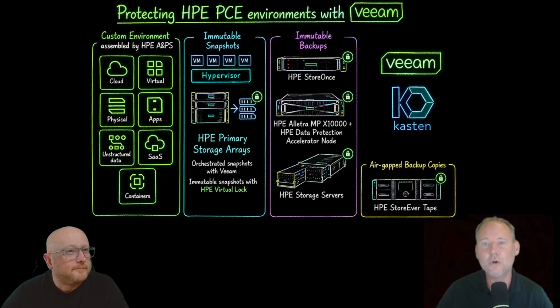That would be a customer going to HPE and asking HPE to assemble a variety of solutions that are all HPE specific, but it really could be any configuration of HPE products in that environment.